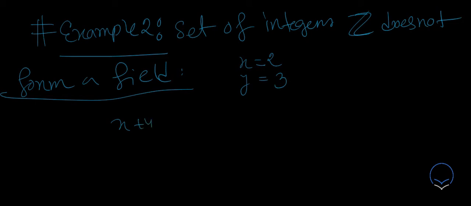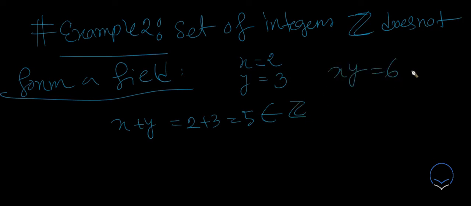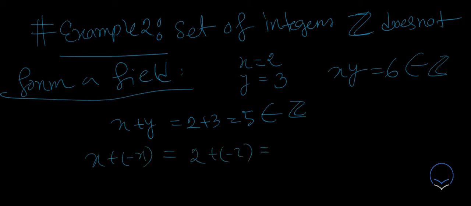You can see that x plus y is just 2 plus 3, which is 5. It belongs to Z, no problem there. x times y is just 6. That belongs to Z as well. And x plus minus x, that is 2 plus minus 2, is 0. Since we are not discarding 0, this also belongs to Z.